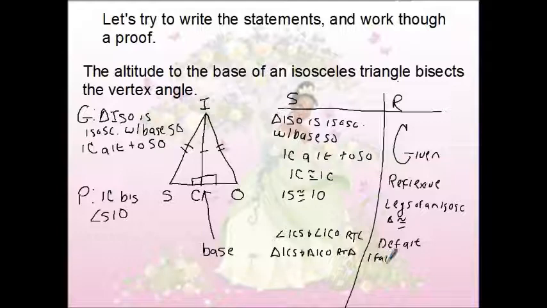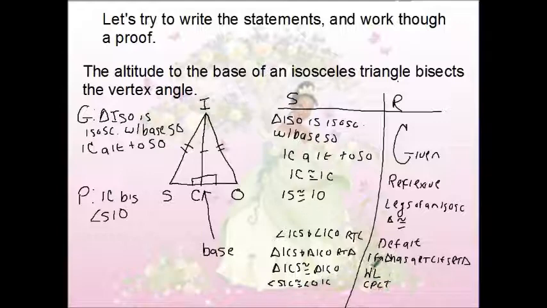If a triangle has a right angle, it's a right triangle. And now I can say congruency. Triangle ICS is congruent to triangle ICO by HL. Now, for my CPCTC, I'm trying to show I have an angle bisector, so let's name those congruent angles. Angle SIC is congruent to angle OIC by CPCTC.